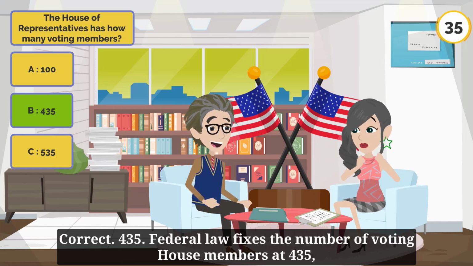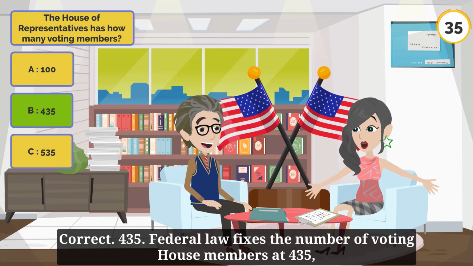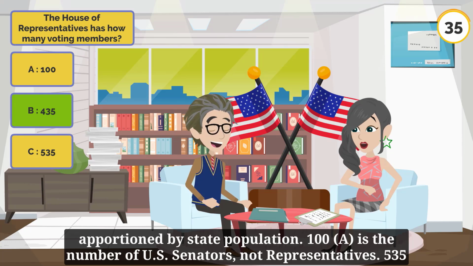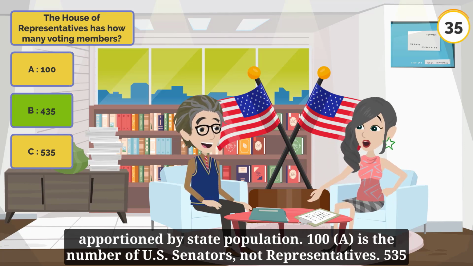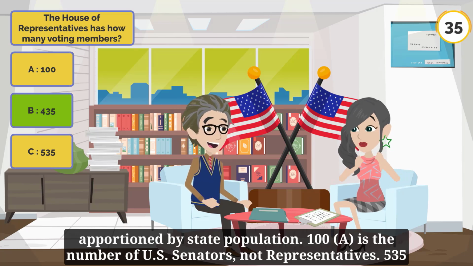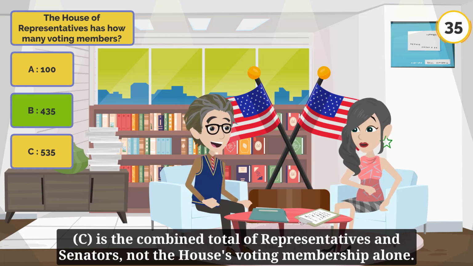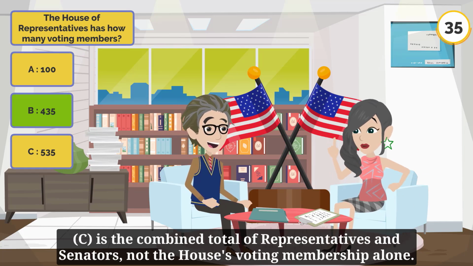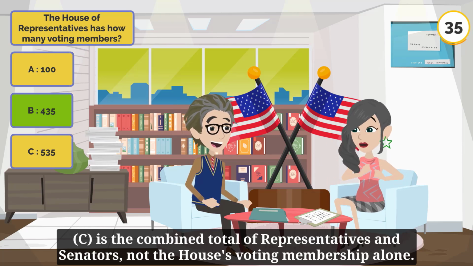Federal law fixes the number of voting House members at 435, apportioned by state population. 100, A, is the number of U.S. senators, not representatives. 535, C, is the combined total of representatives and senators, not the House's voting membership alone.